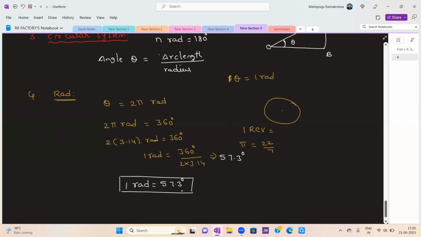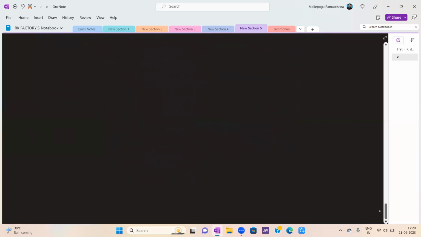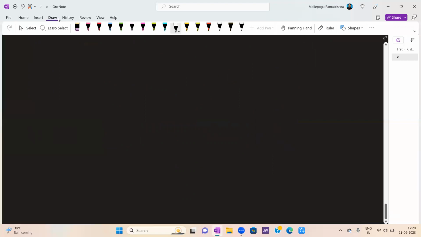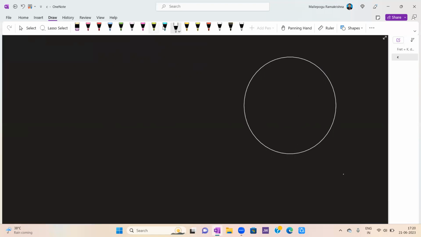Okay, if you want to know about the total one complete revolution, we are going to divide it into 4 parts. What is each part, and what is the angle? If it is making one complete revolution, in how much angle can we divide it to understand it?